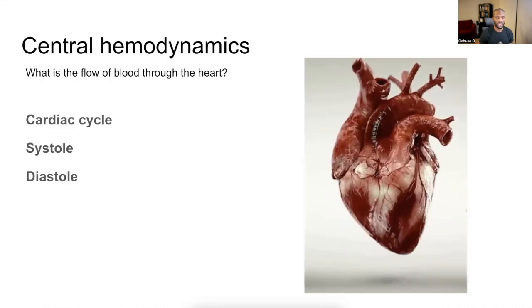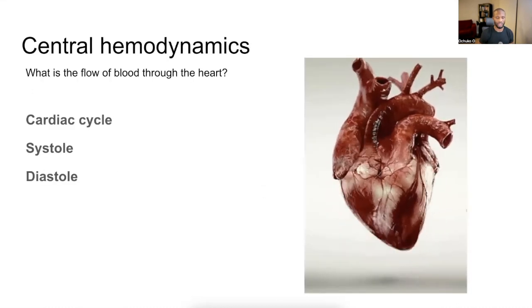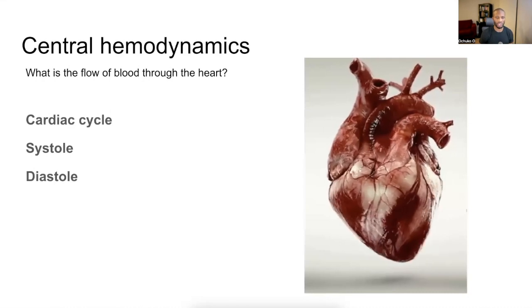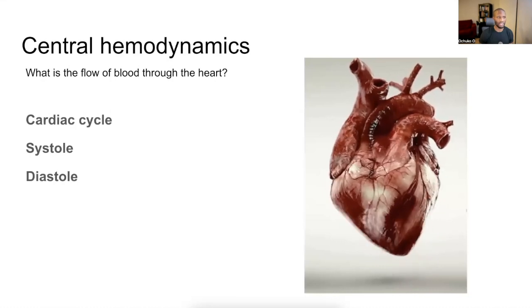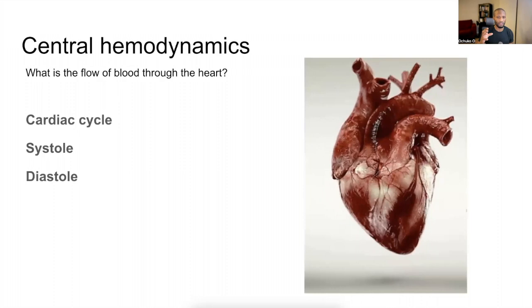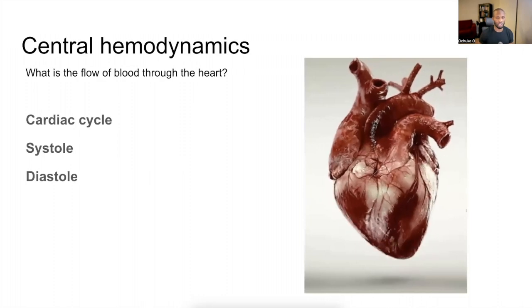And then when we look at the hemodynamics of how blood flows, that's a very important topic of this systole and diastole, because we said the combination of systole and diastole makes up the cardiac cycle. And if you remember, the cardiac cycle is one cycle of filling and then ejection of blood.